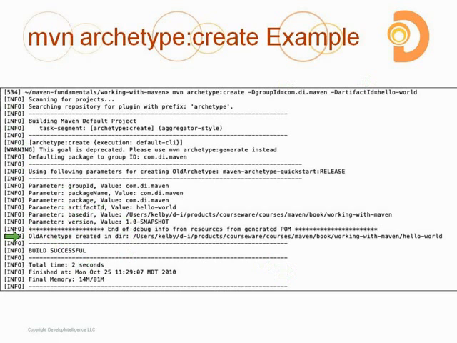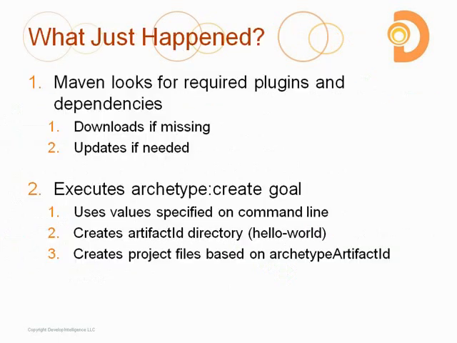Depending on which archetype I'm creating, it might be that simplistic, or it might be more complex, but generally it's going to work like that. To summarize more formally, Maven looks for the plugin, downloads it if needed, updates it if needed, and then executes the goal.